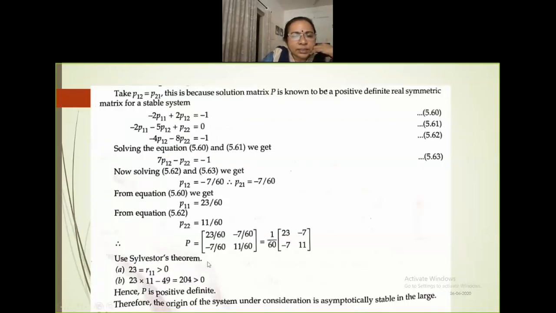By solving this, you will get the P matrix. Then using Sylvester's theorem, you analyze whether this P is positive definite. How do you analyze? The first element must be greater than 0, and all principal minors should be greater than 0 for P to be positive definite. If P is positive definite, you can say the system is asymptotically stable. Just go through that whether you are getting it or not. Otherwise, ask doubts.